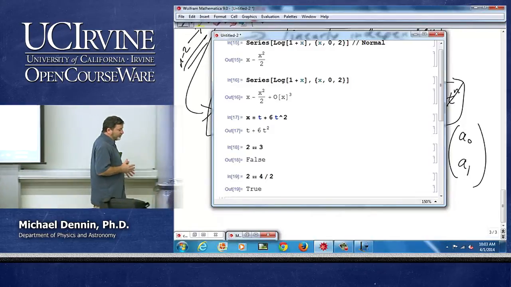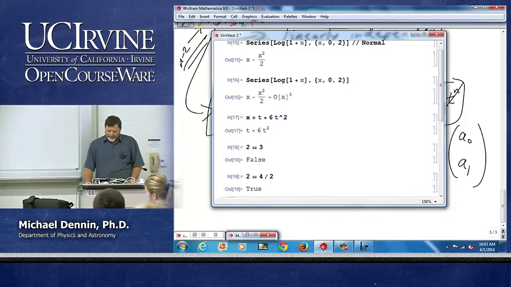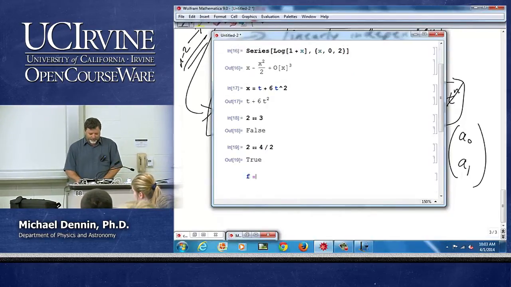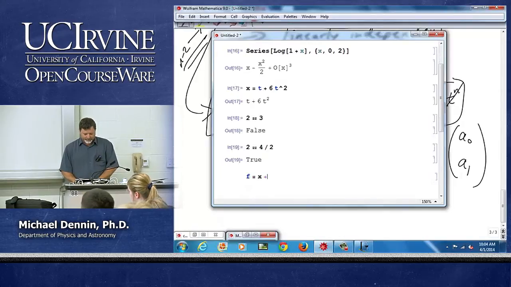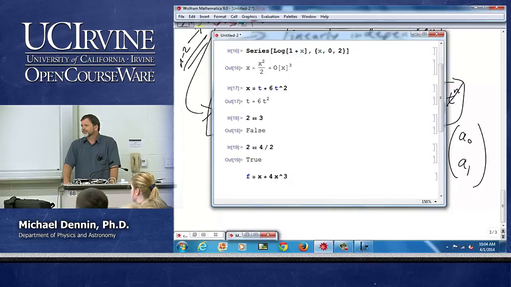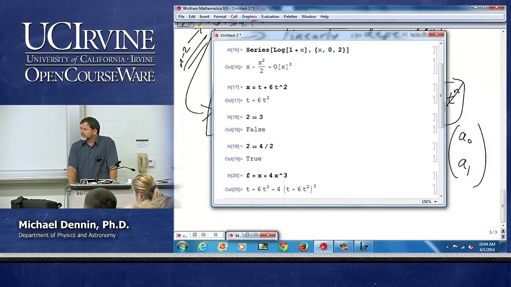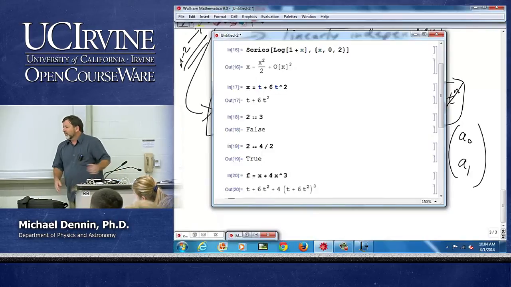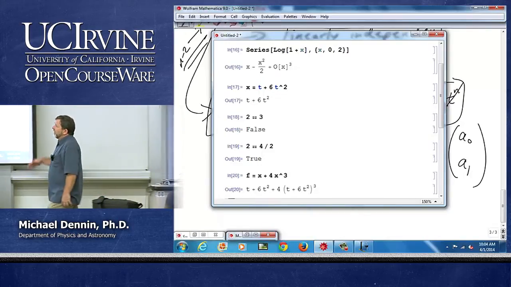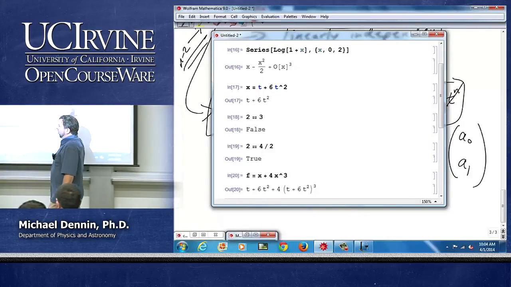Now, the danger is, and this happens, you might have f equal to x plus 4x cubed. And you want to look at this for a particular value of x. Notice, Mathematica remembers that I had set x equal to t plus 6t squared.